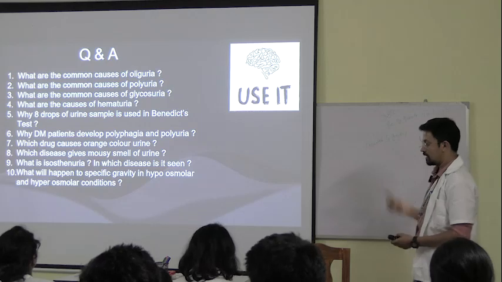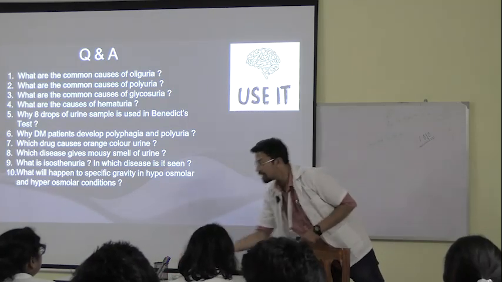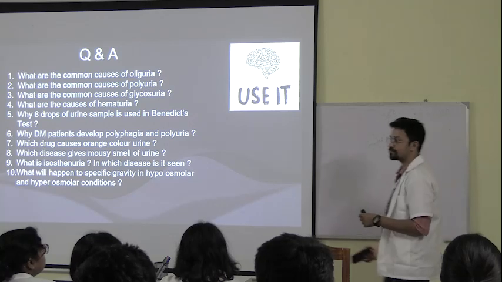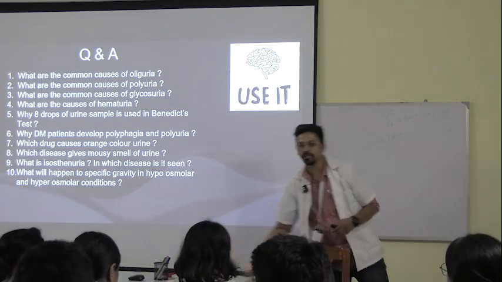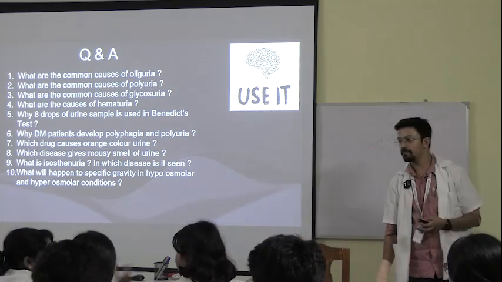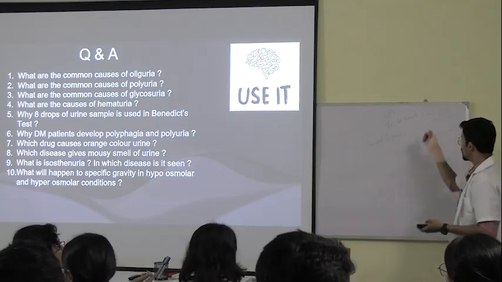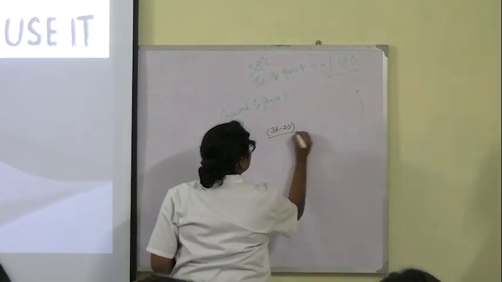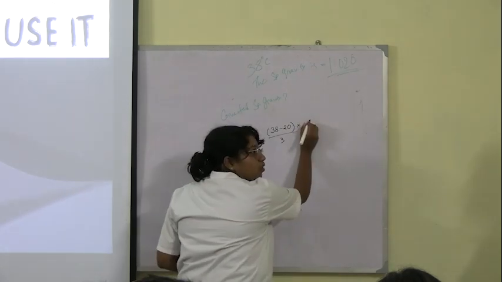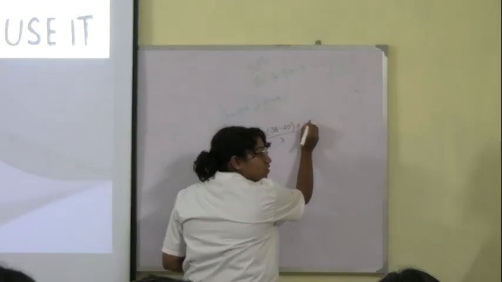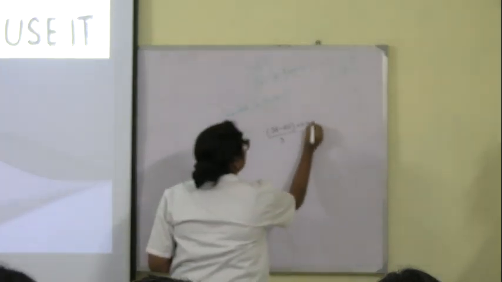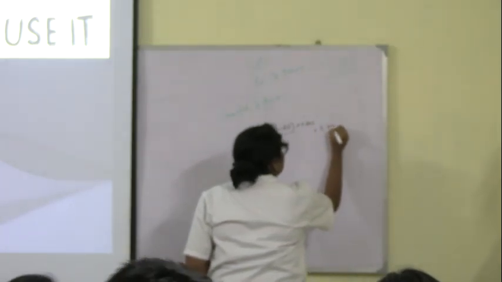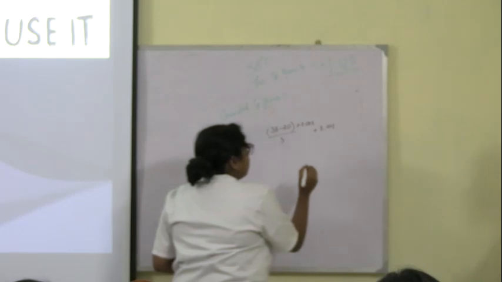Now, one more thing. Who else has understood measuring the specific gravity? Who knows how to measure the specific gravity? This has been taught to you by ma'am. Solve this question. 0.001. Yeah. Why are you adding this?